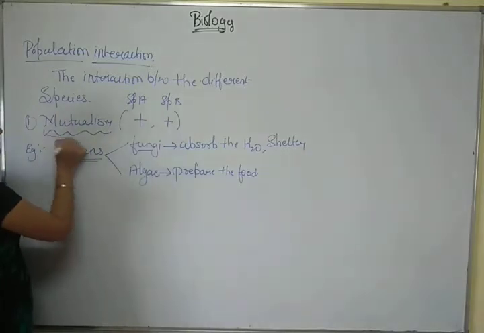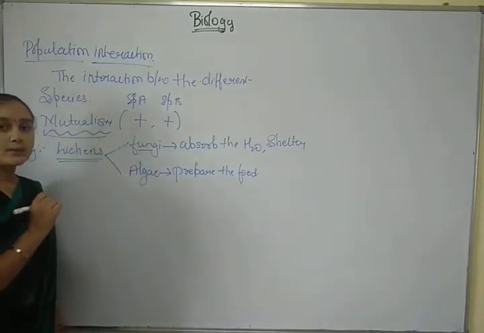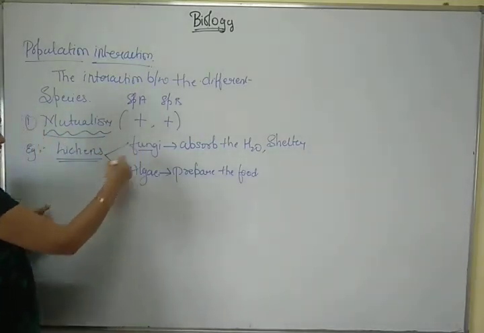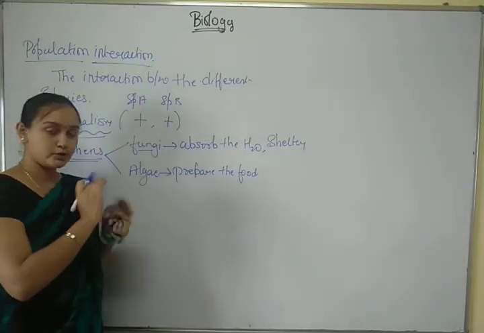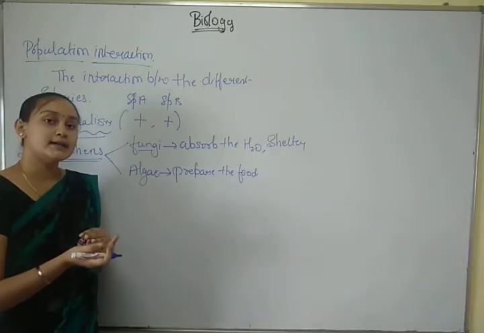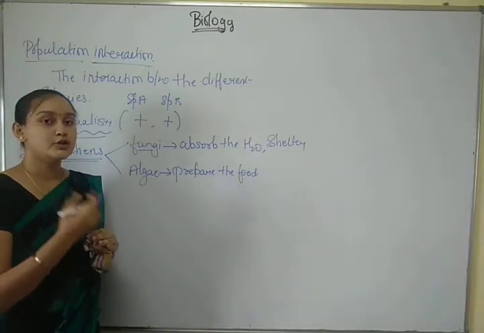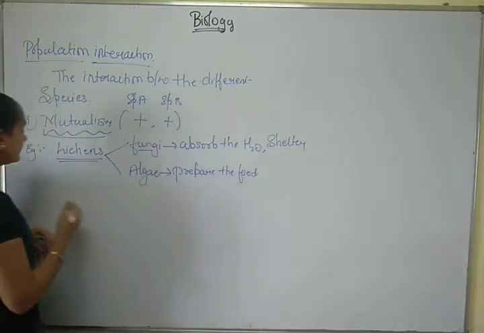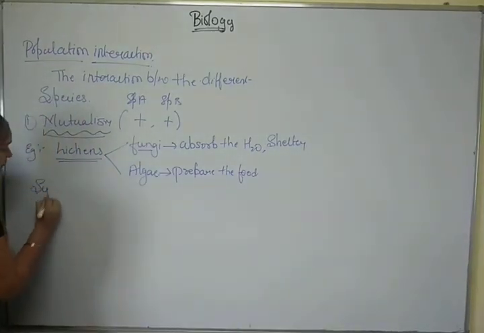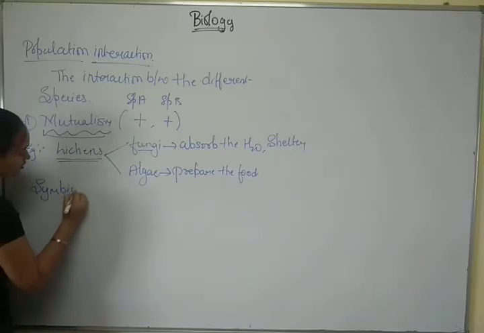This type is called mutualism. Here two different species are beneficial to each other, so this is called symbiosis. Okay, what is it called? It is called symbiosis.